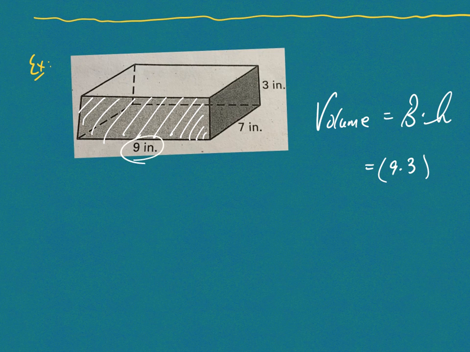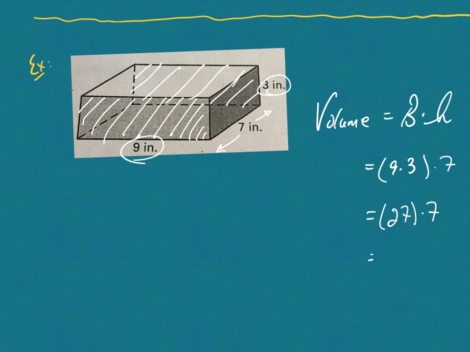So it's going to be 9 multiplied by 3. And then H, the height, is the distance between the front of the prism and the back of the prism. And you can see on the picture that the height between the front and the back is 7. And so when we do the math, 9 times 3 is 27.